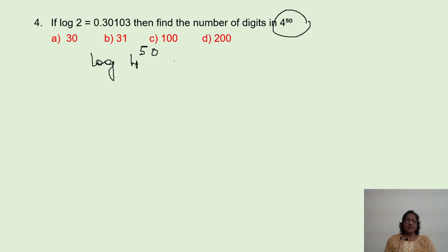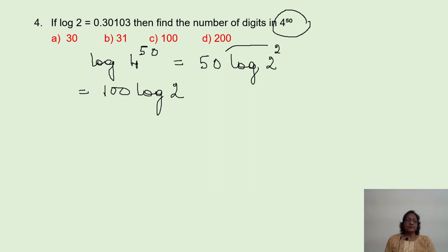Log of 4 raised to 50 will be nothing but 50 log 4, I can put it as 2 raised to 2. So this will come out to be 100 log 2. The 2 has come here using our property again.